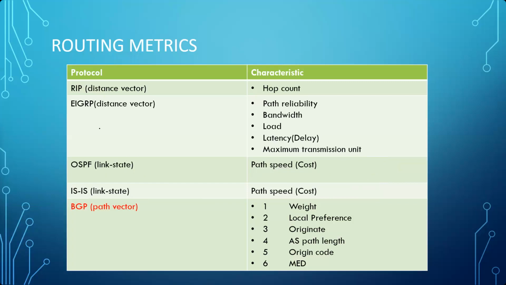All right, now let's swing back to EIGRP. With EIGRP, which is Cisco proprietary, they're going to use the following 5 metrics. It's also called a composite metric, composite because it's made up of multiple metrics.